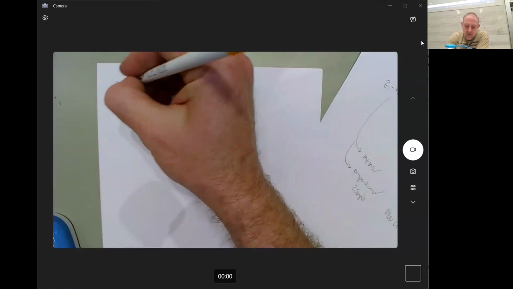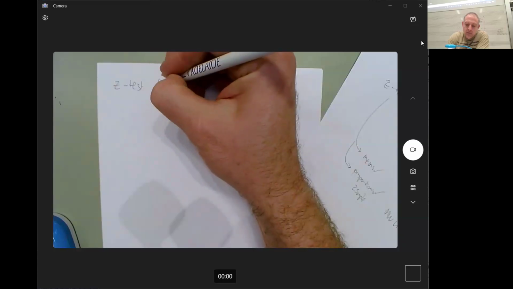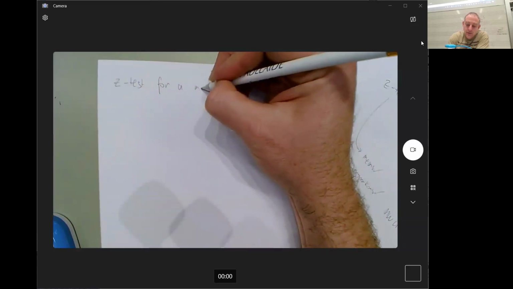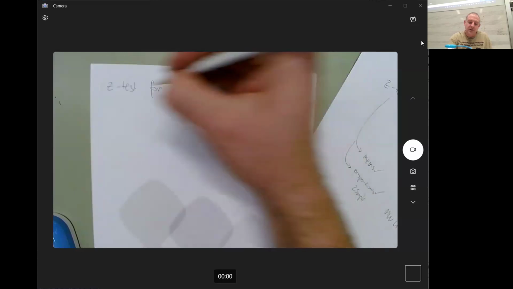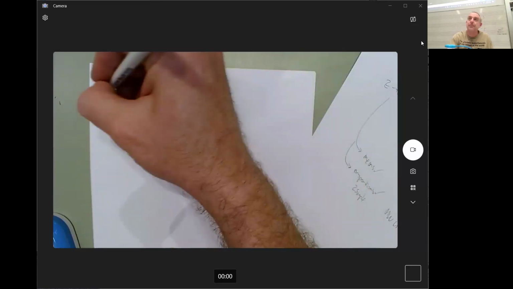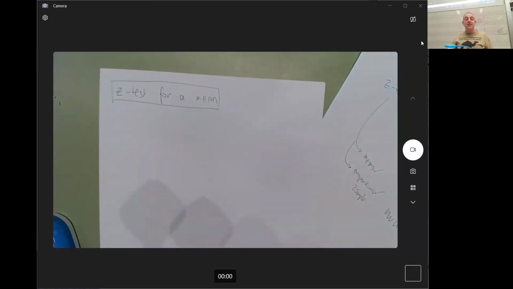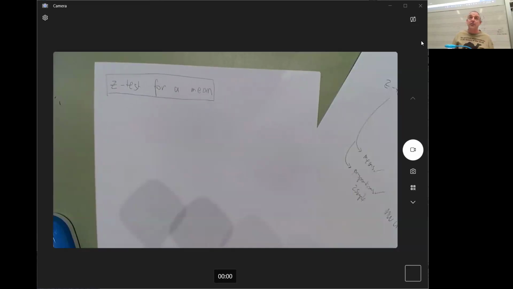Z. The Z test for a mean. So there are Z tests that do go with other situations. So you can't just say Z test. You have to say Z test for a mean if you really want one. In context, if they've already mentioned a mean as part of the story, then they just say Z test, then you know which one it is.